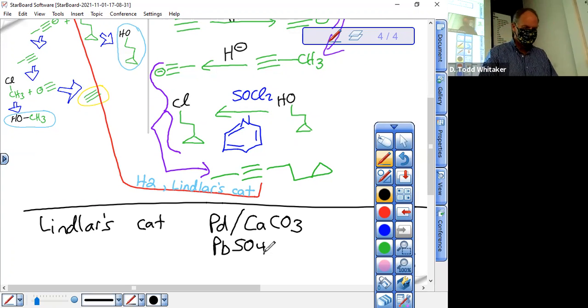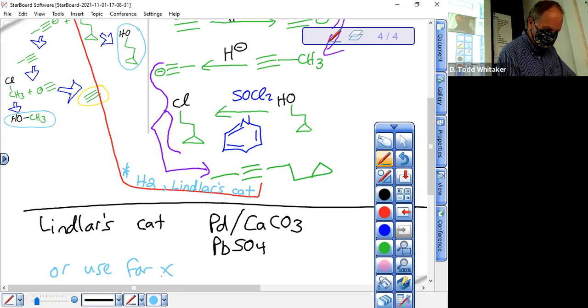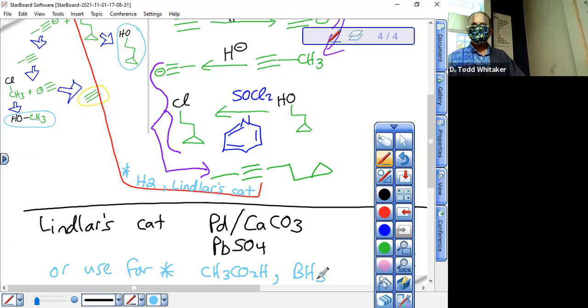There you go. And I just want to remind you, there's another way to do that last reaction, it's less risky. Or use, for trans, you can use CH3CO2H and BH3. There you go. You don't like that one? No. Okay, you don't have to use that one.